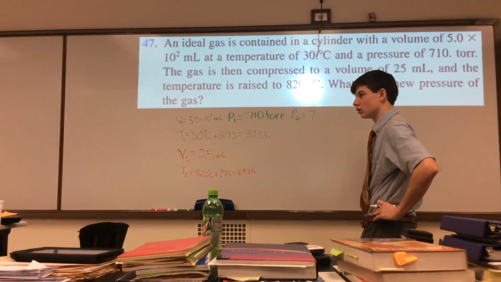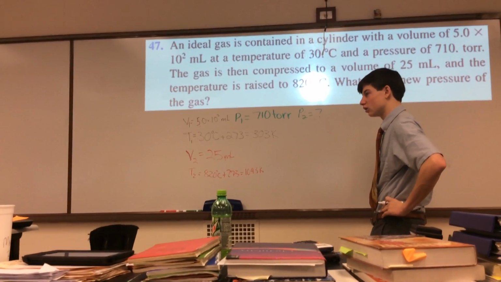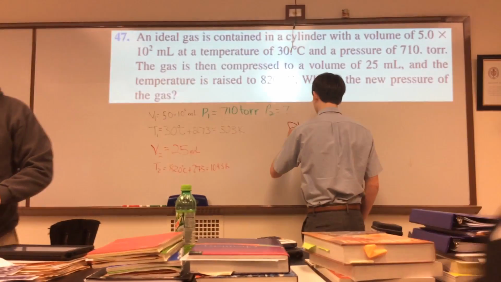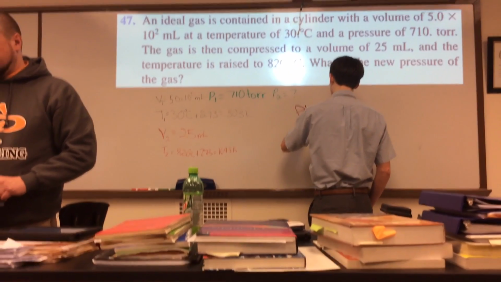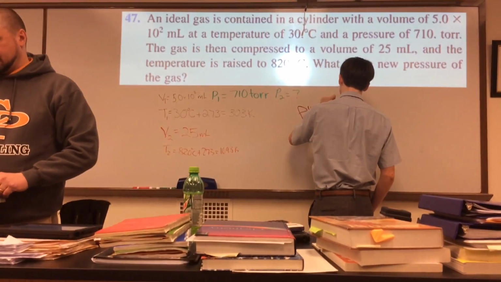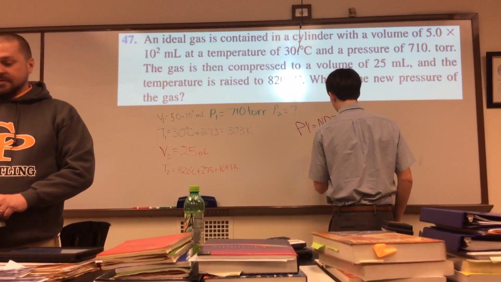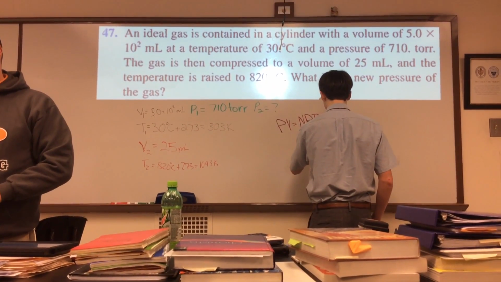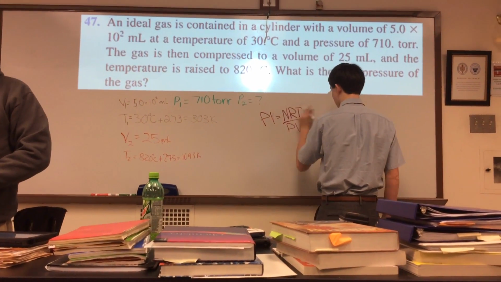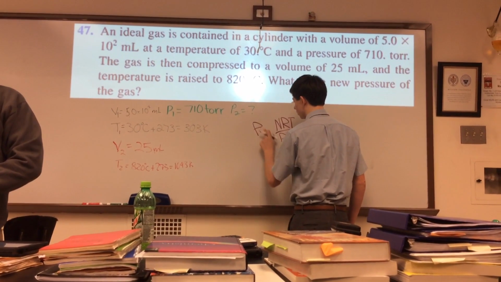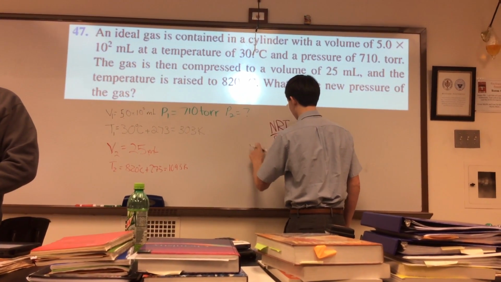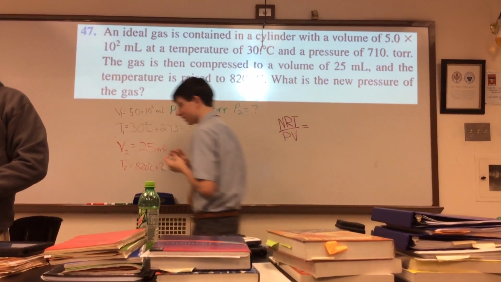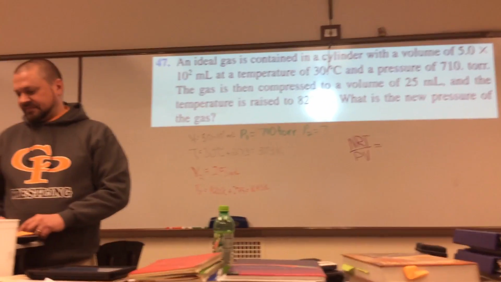Well, that's for a single set of conditions. What about for before and after conditions? What is it? PV over nRT for condition 1 equals PV over nRT for condition 2. Kinda. Do you want to check your notes?